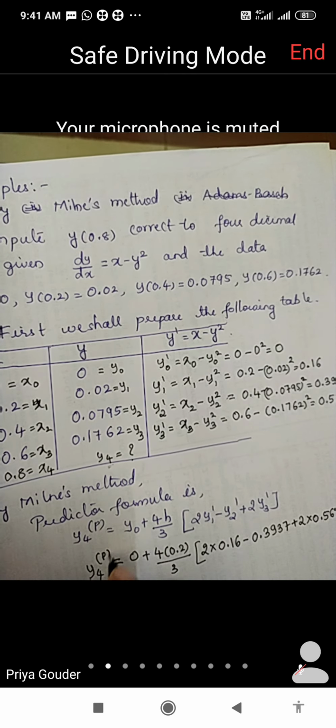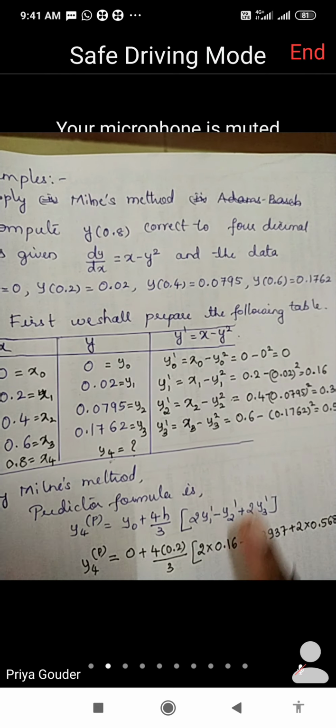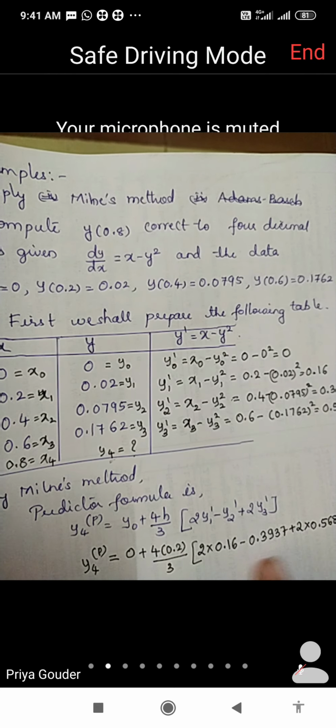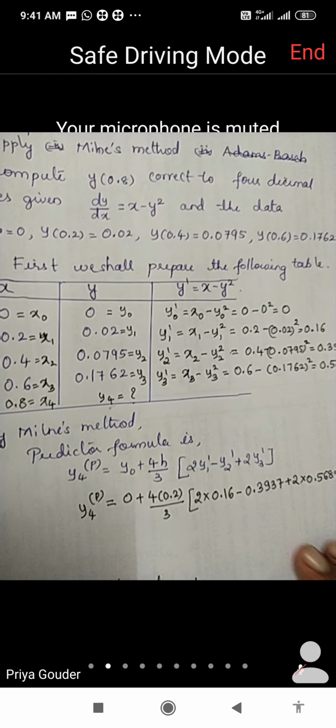Y4 to the power bracket P. All the values are available in the table. Just substitute it, do the calculation and tell me the answer.